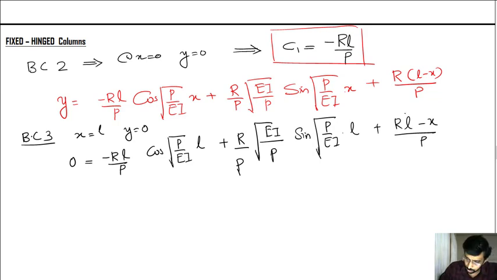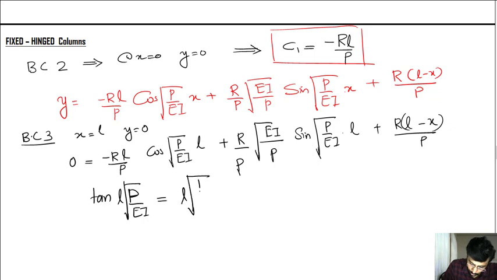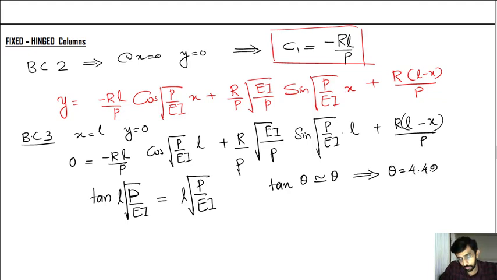if we expand this L minus x, what we are going to get is something like this: tan of L into root of P by EI should be equal to L into root of P by EI. That means we are now in a condition like tan theta should be approximately equal to theta, and this happens for a value of theta equal to 4.4935.